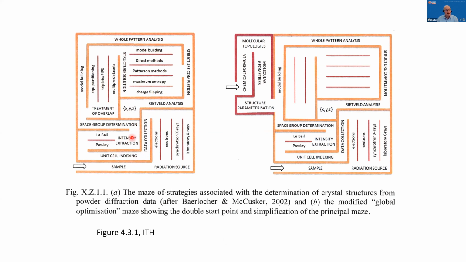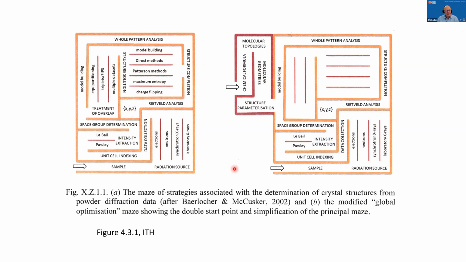Then you extract intensities out of this, determine a space group, and have to figure out how you treat the overlap of the reflections, because eventually overlap limits the amount of information you can get. And then we have several strategies for solving the structure, which we'll talk about today. You may not get it all, so you have to complete it. And only then can we do our Rietveld analysis and get the coordinates that we want.